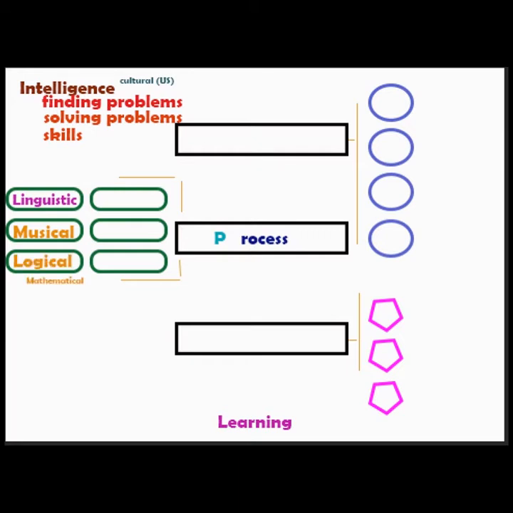There's the logical mathematical. This is being able to order material, being able to define a problem from point A to point B, understanding problems in numerical terms or variable terms.